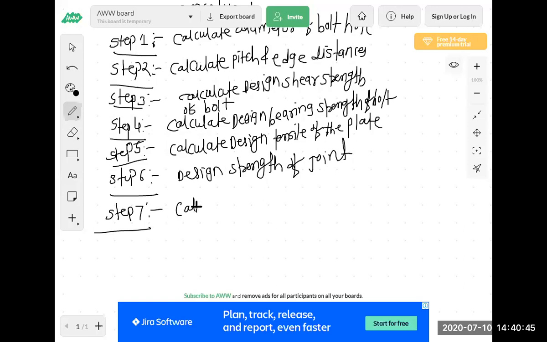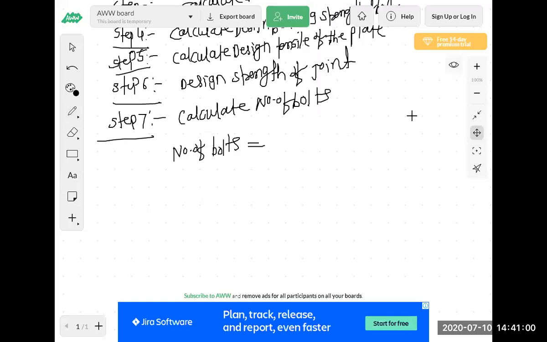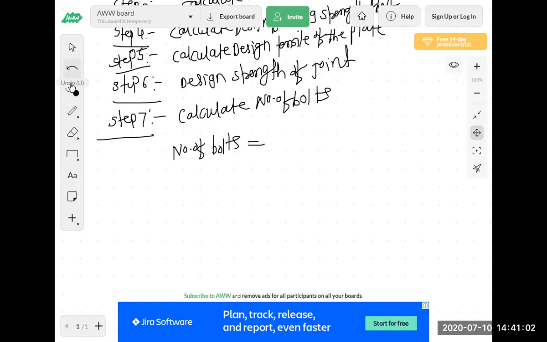So here in step number 7, calculate number of bolts. Here one formula is there for the calculation of number of bolts.